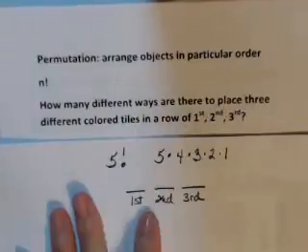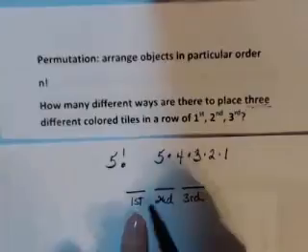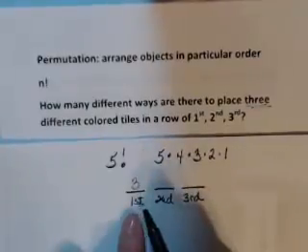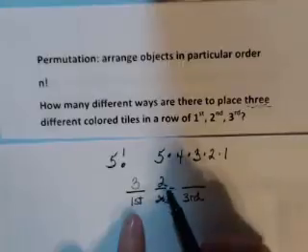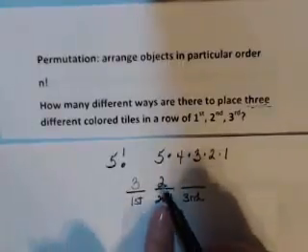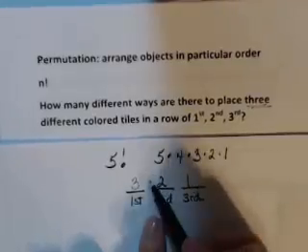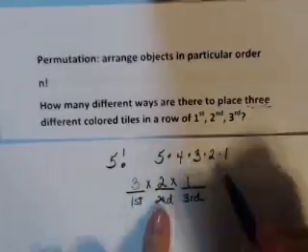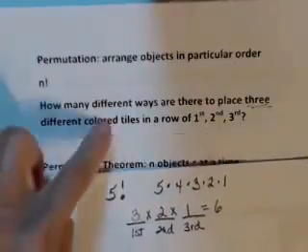Now there's 3 different colored tiles. So the first place, there are 3 ways that we could fill the first place position. But once someone fills the first place, there's only 2 people left that could be second. And once second place is filled, there's only 1 person left that could be third. So if we multiply these together, there would be 6 different combinations of first, second, and third out of 3 people, or 3 colors.